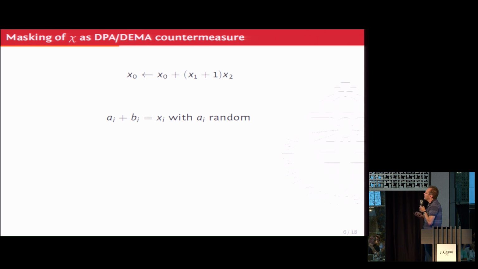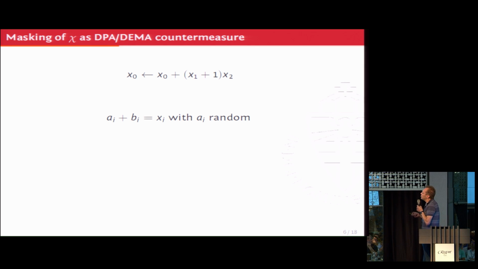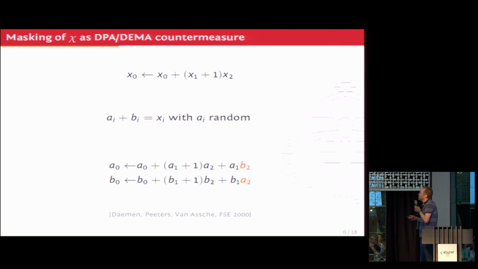So this I call the native value. And what we're now going to do is we're going to work separately on ai and bi through the whole computation. So what does this look like? Well, we just fill in this ai plus bi everywhere we have xi, and then we pull it apart into an expression for computation of A0 and B0.